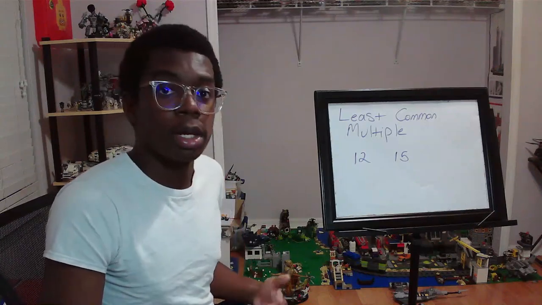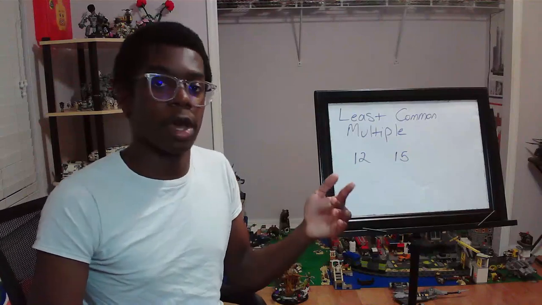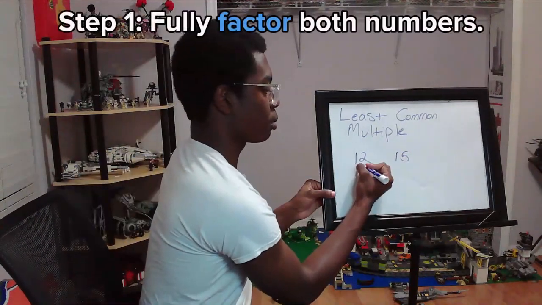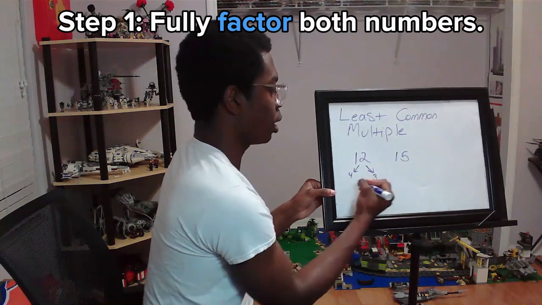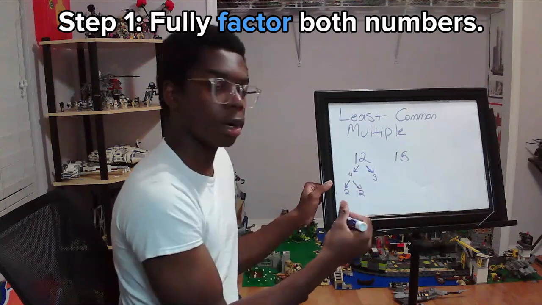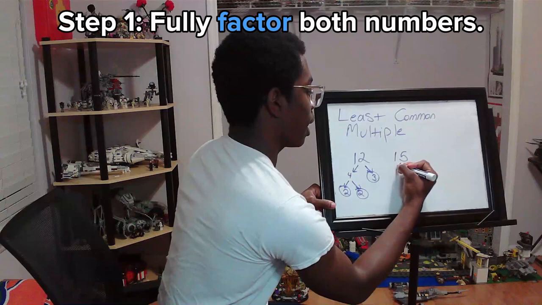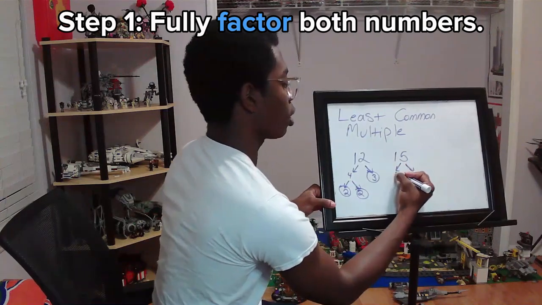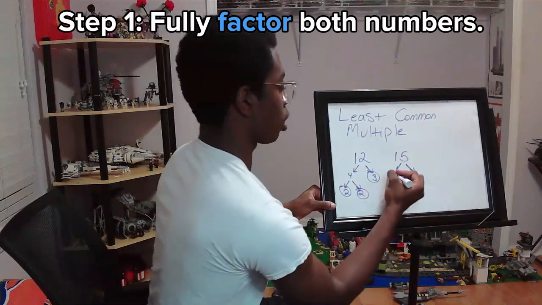So the way we can find the least common multiple is by analyzing the prime factors. So let's factor these numbers. We can factor this into 4 and 3, and then further into 2 and 2. These are all prime, so this is fully factored. These are our prime factors. And we can go here, 5 and 3, and these are our prime factors.